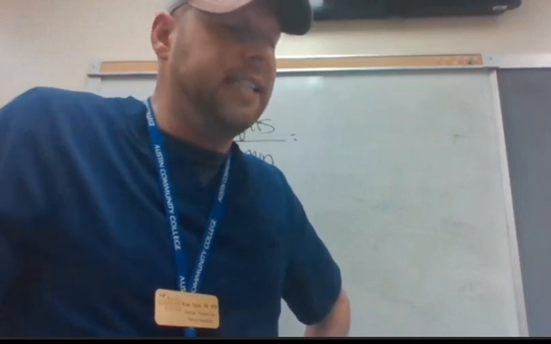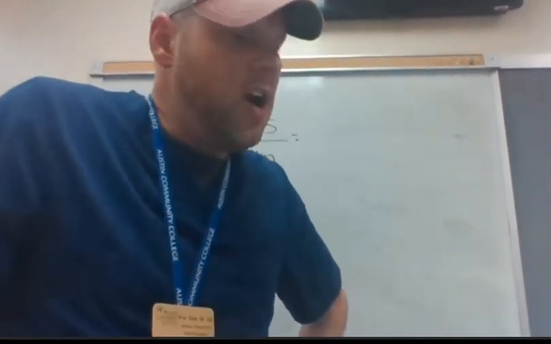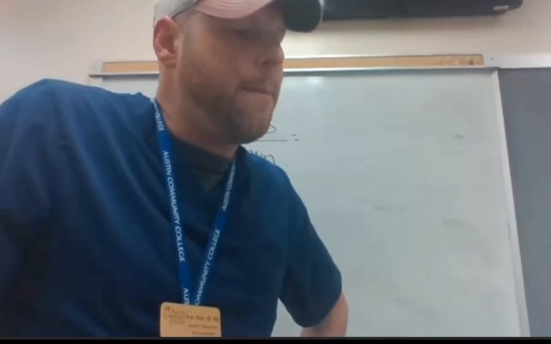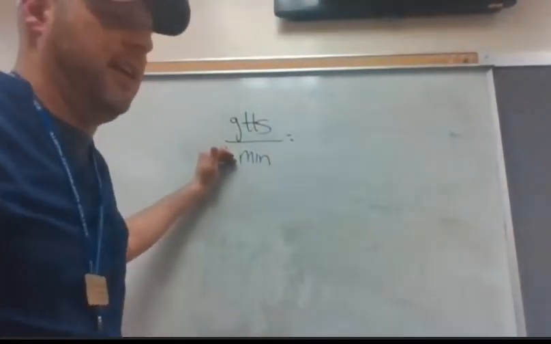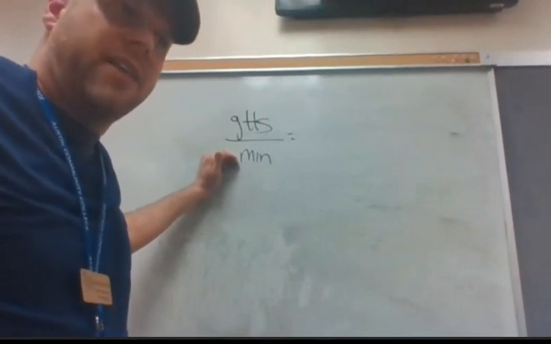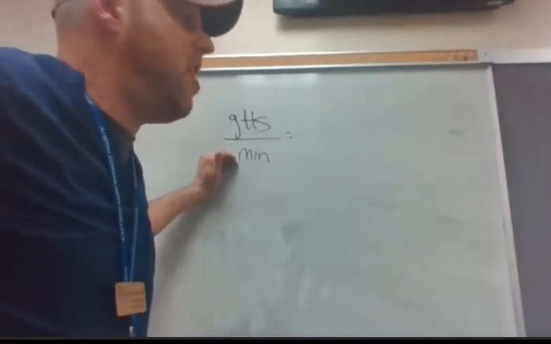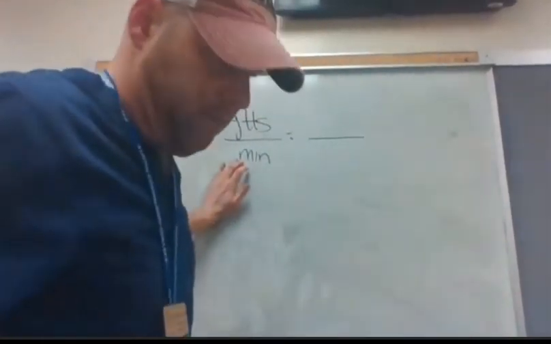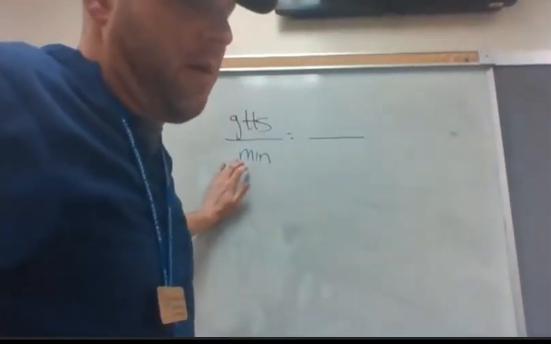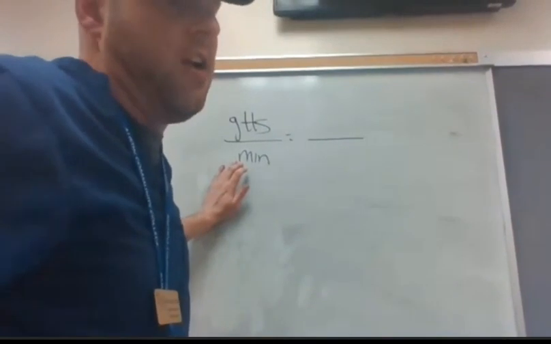The IV tubing is a micro drip set. What is the drip rate per minute? Drops per minute. So if I remember my formula, all I need to know is time needs to be on the bottom. But I run into a little problem, but I'll deal with it when I get there.